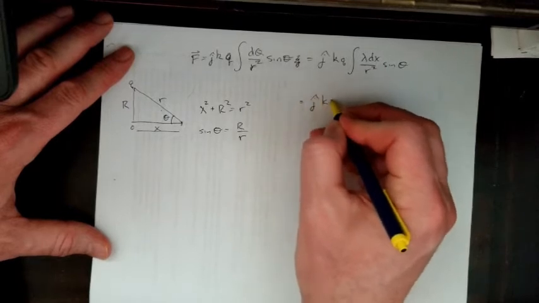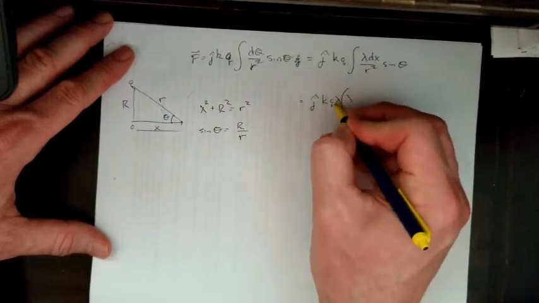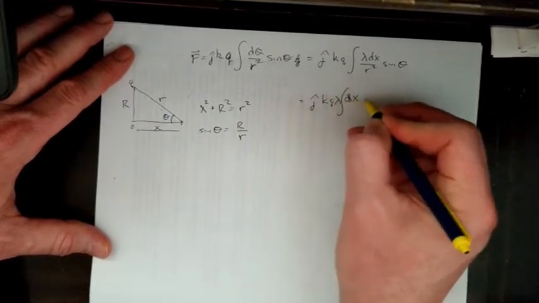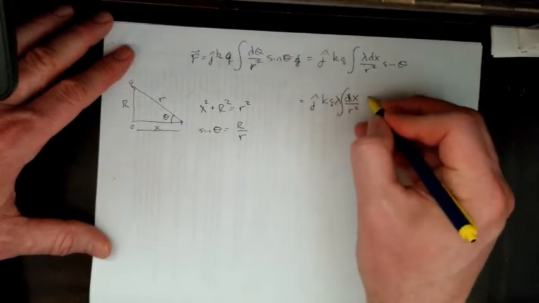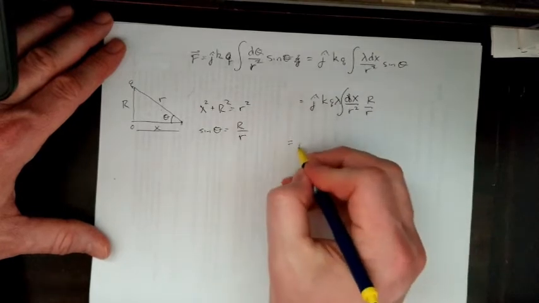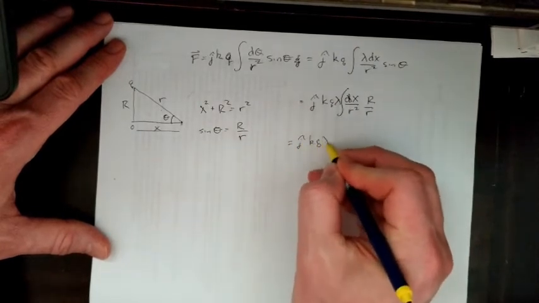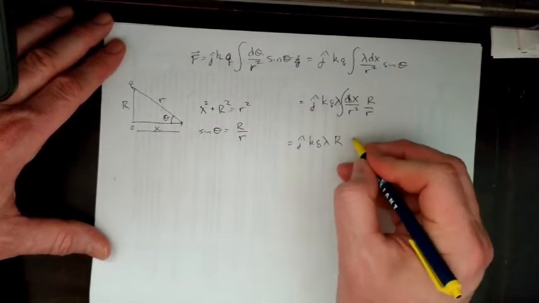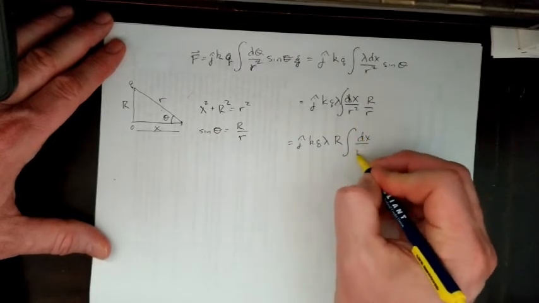Let's do j hat k q integral, lambda can come out. So dx over r squared, sine theta is big R over r. I have big R that can now come out, so this becomes j hat k q lambda big R dx over r cubed.